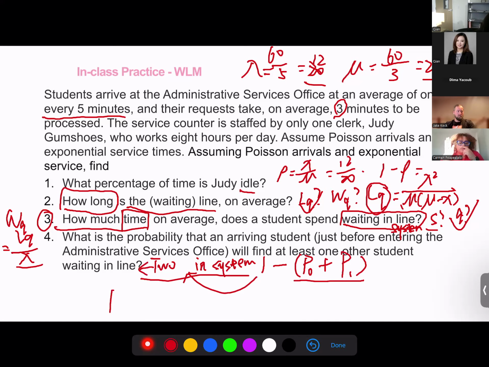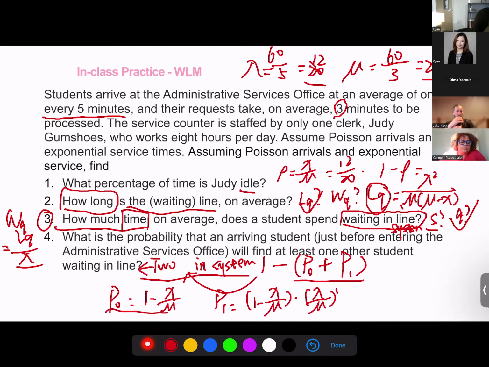So P0 equals 1 minus lambda divided by mu, while P1 equals 1 minus lambda divided by mu, multiplied by lambda divided by mu to the power of 1. So this is what we have. And once you get those numbers, you just use 1 minus those, and then you will be able to get the correct answers for question 4.